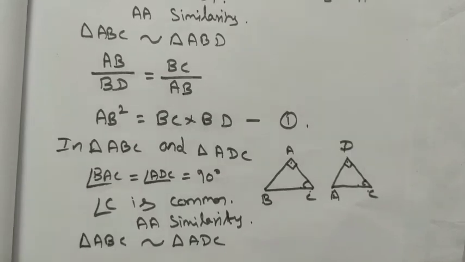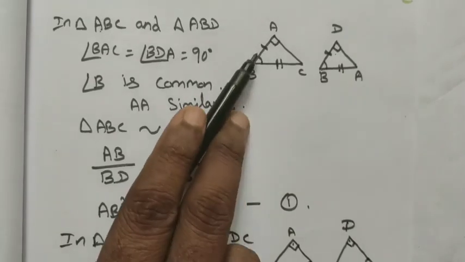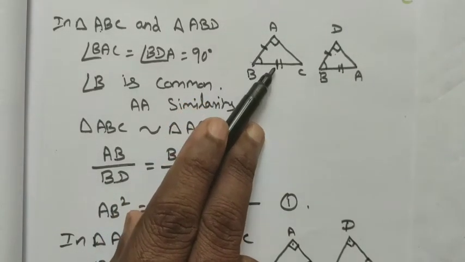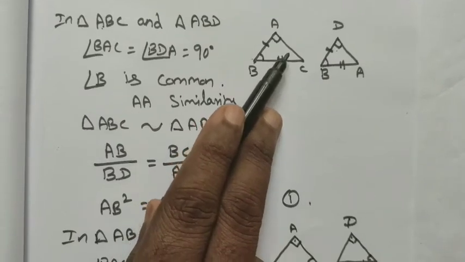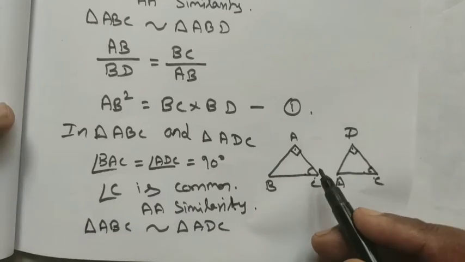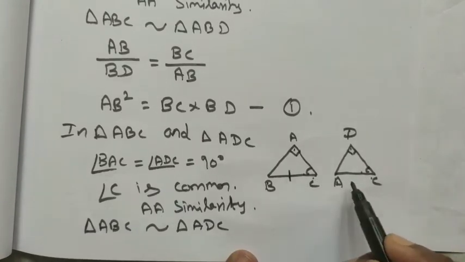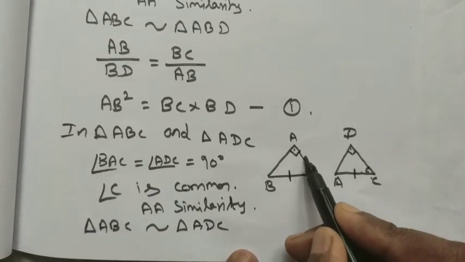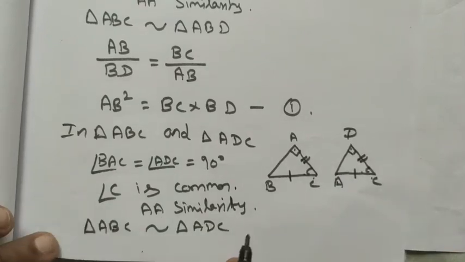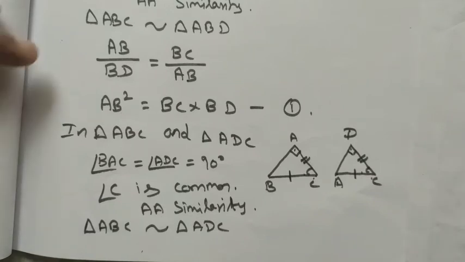Now in the first triangle we chose this side proportional to this side. Now we choose the corresponding sides here.